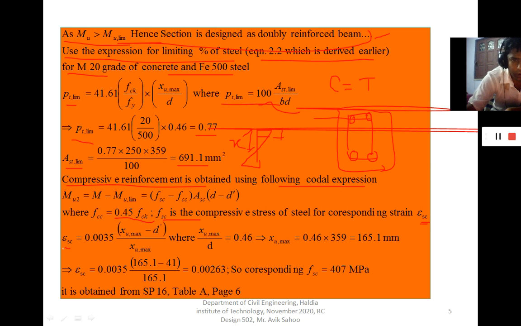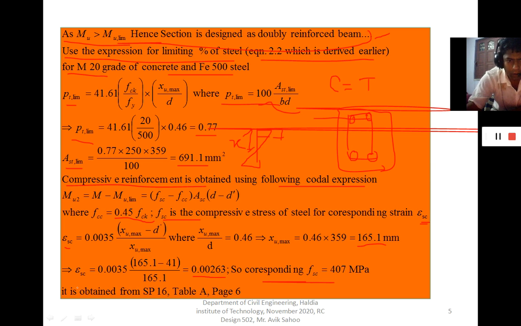So we get the expression for epsilon sc where the compressive reinforcement is placed. Using that expression, we know that xu max by d is equal to 0.46 for Fe500 steel. So xu max is how much? That is 165.1 millimeter. So epsilon sc is equal to 0.00263. So the corresponding Fsc is how much?